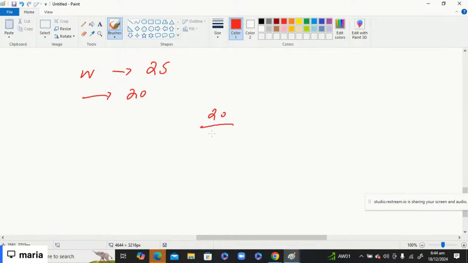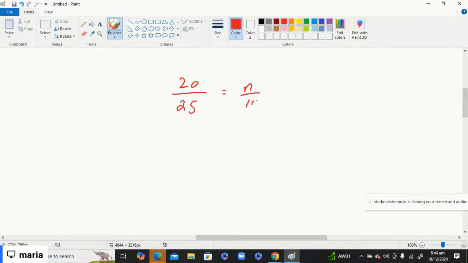So 20 over 25, n over 100. Cross multiply: 100 times 20, and 25 times n. This becomes 2000 equals n times 25.